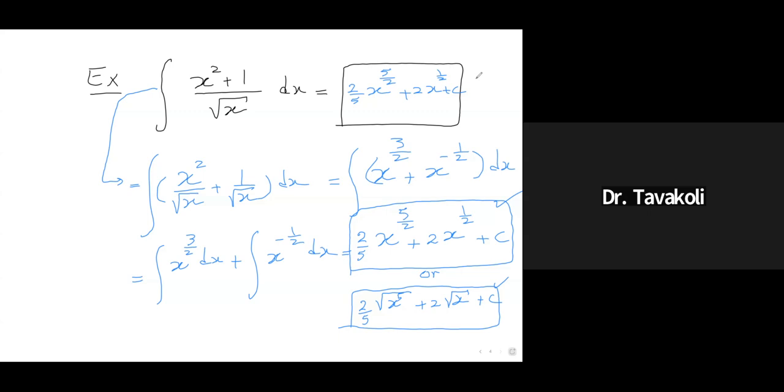Let me make a reminder on the integral of some trigonometric functions. As you know, just as a reminder, since the derivative of sine is cosine, in terms of integrals, the integral of cosine is a sine because the derivative of sine is cosine.